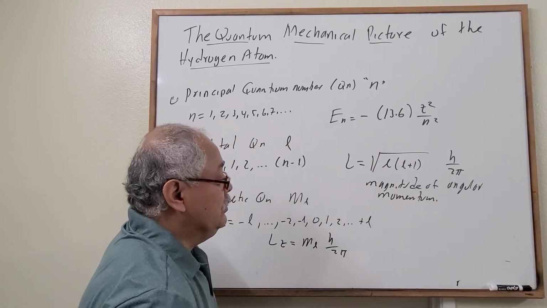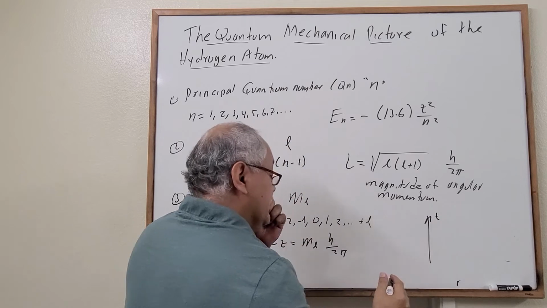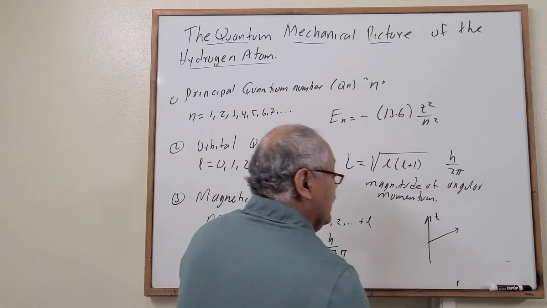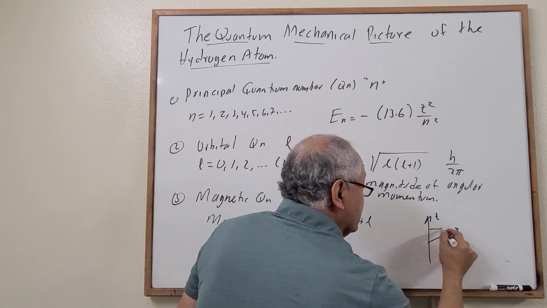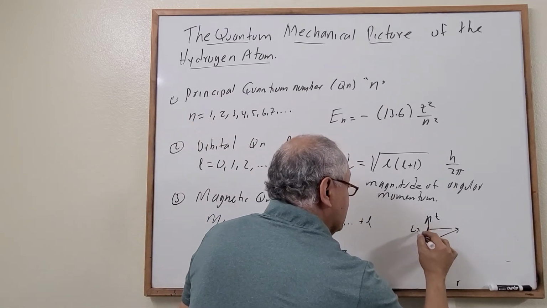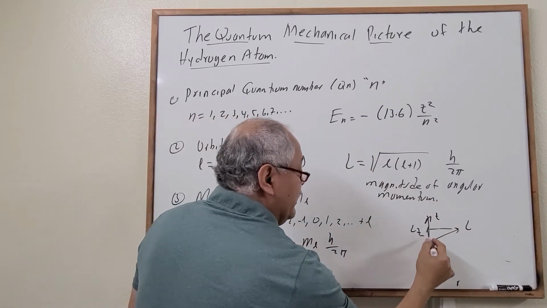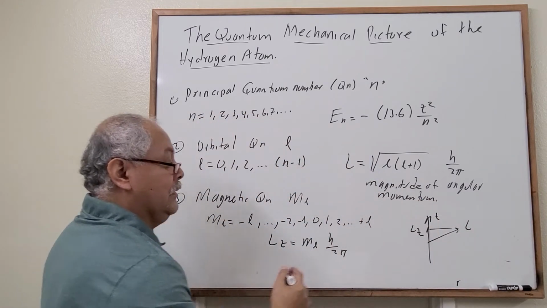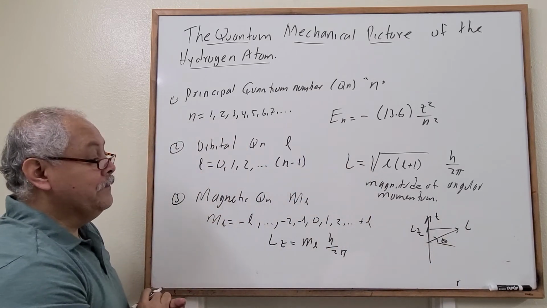Usually we do this in this way. This is the Z direction, and this is, for example, the direction of the angular momentum. The component in the Z direction is going to be Lz, using the angle theta, for example.